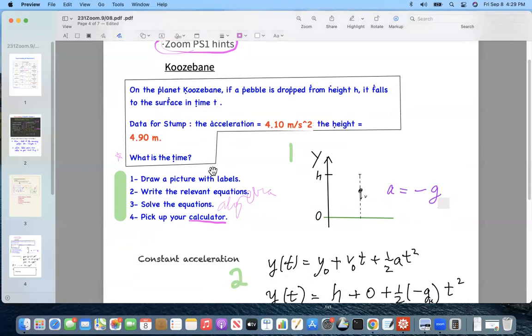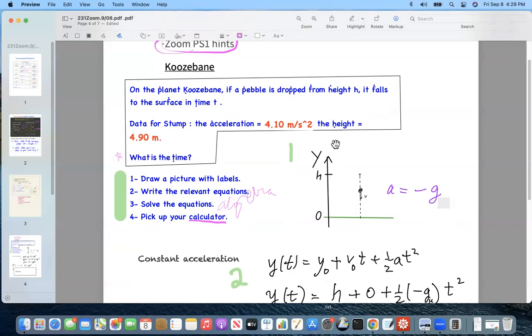So let's see how we would apply this 4-step method to this problem. Draw a picture and label it. Well, we're going to have here vertical motion. So let's use a vertical coordinate. We usually call horizontal coordinates X and vertical coordinates Y. So in this problem, we'll have a Y-axis.